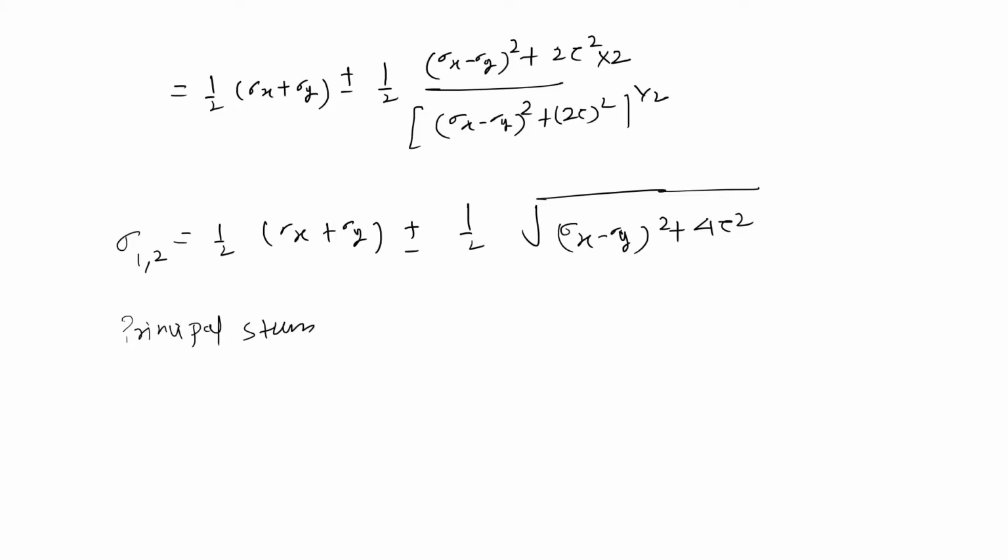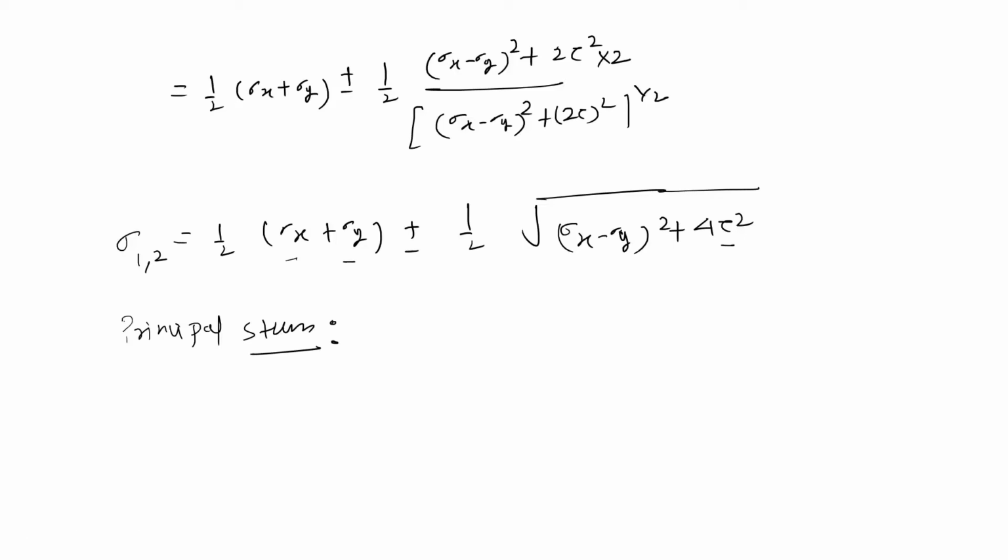Here we have sigma x and sigma y, and this is tau. Again, in this formula we have to use sigma with its sign. If the direct stress is compressive, then we have to put that particular stress in with its sign. So this will give us the two values of principal stresses.